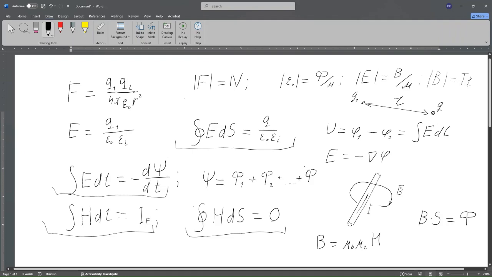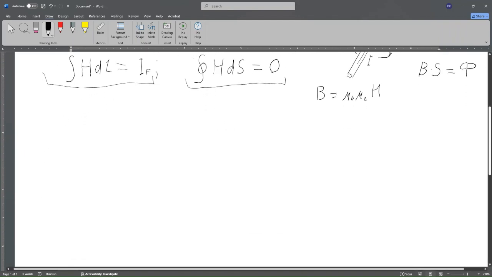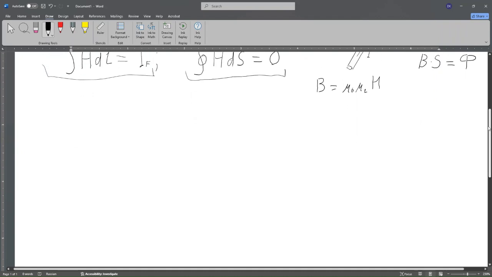Okay, the next we have Maxwell's laws in differential forms.